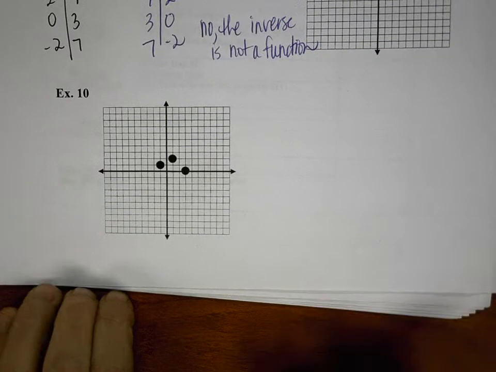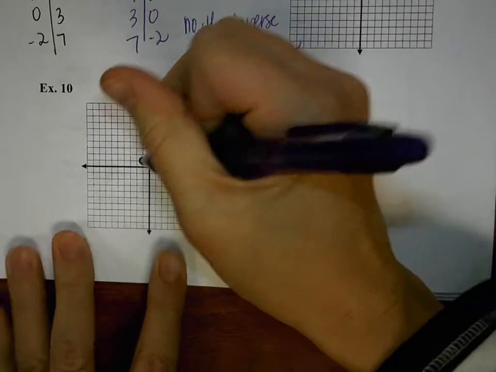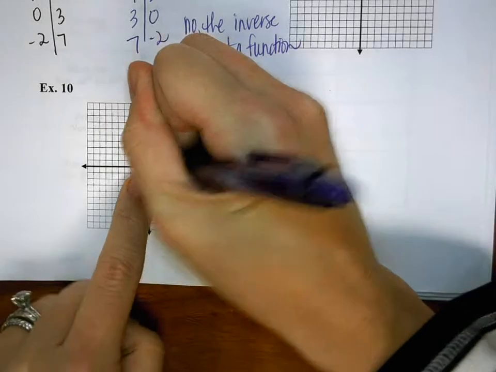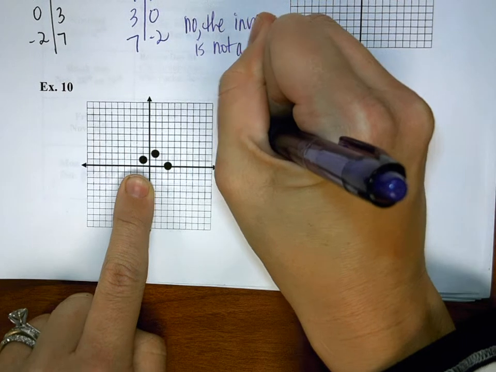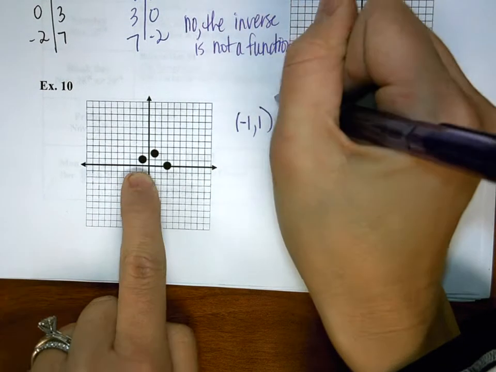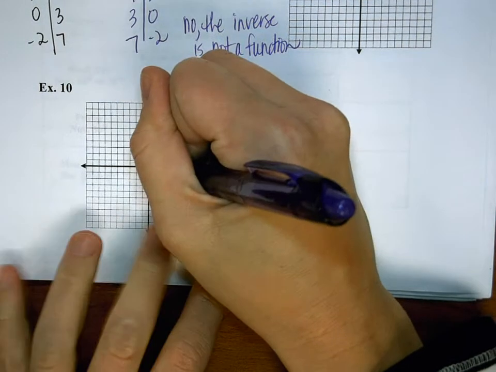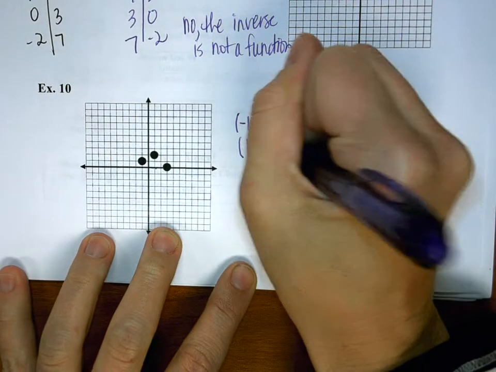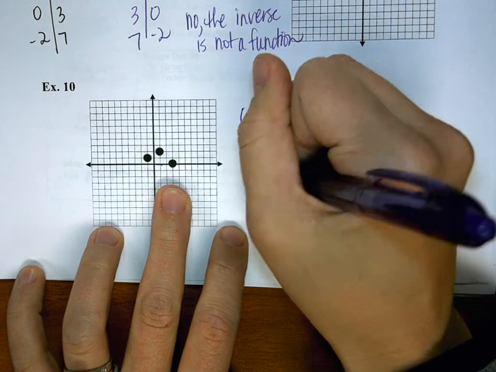Example 10, what I would do is write these original points. So this point right here, what is that point? 1 and 2. Negative 1, 1 is that first point. Let's just write our original ones right now. The second point is at 1, 2, and my third point is at 3, 0.